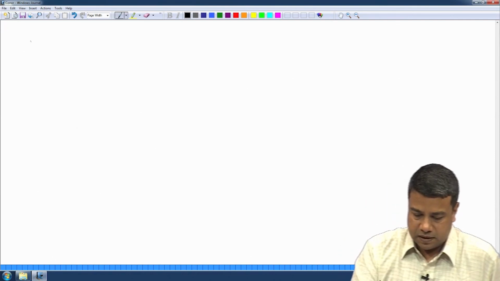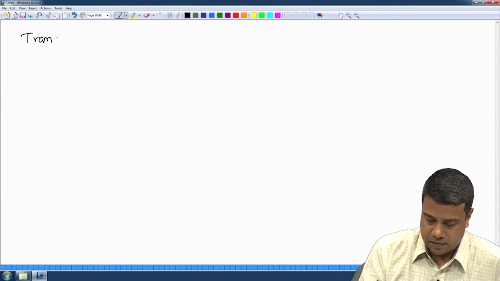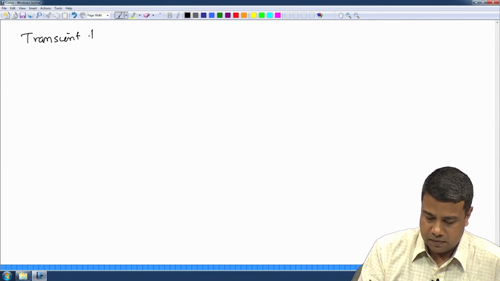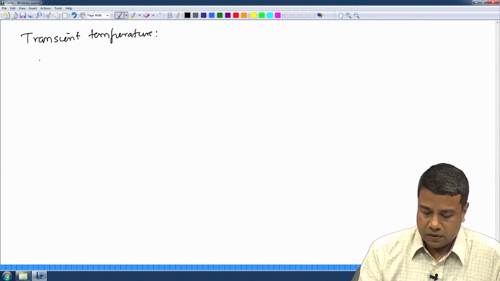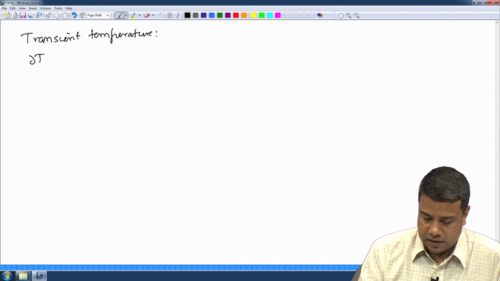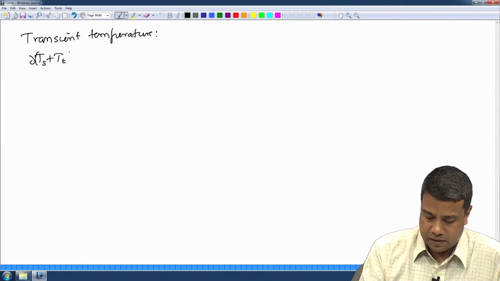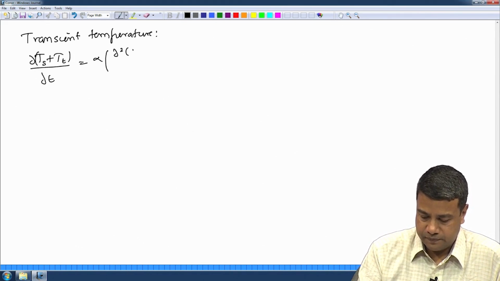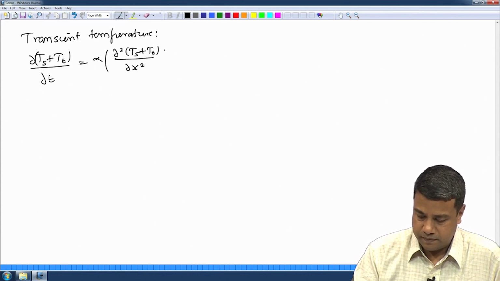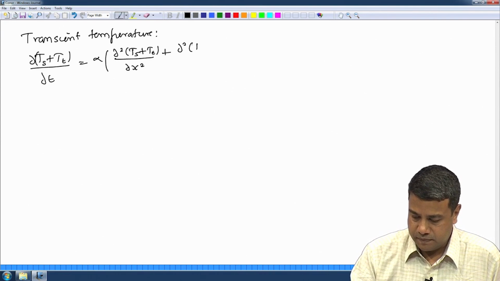For the transient temperature, we know that the total equation is partial of steady plus transient by partial t is equal to alpha times the Laplacian.